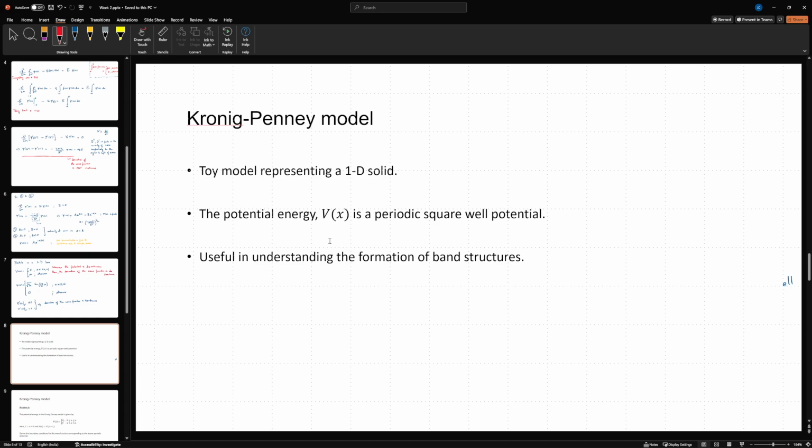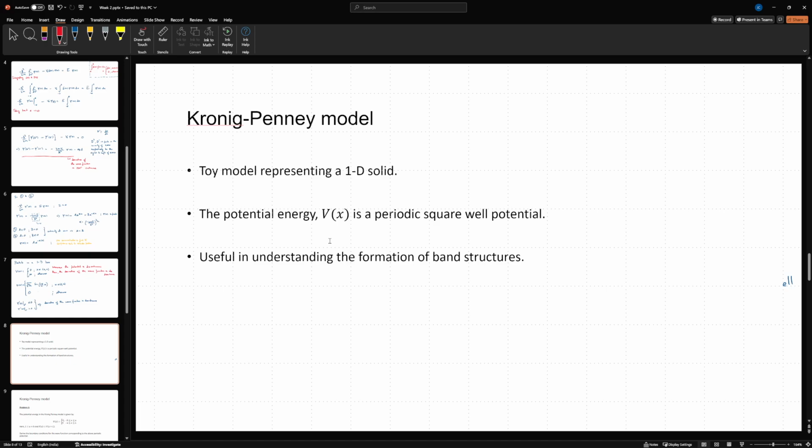Yes. So now we come to the first topic of the day. We are looking at the Kronig-Penney model, which is a toy model that represents a one-dimensional solid. In reality, yes, we can create 1D structures, but to call them a solid would be a stretch.